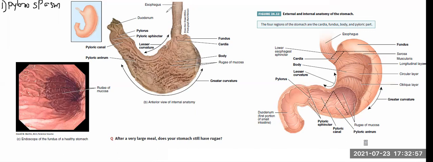When food does not move into the duodenum and keeps entering the stomach from the esophagus, the stomach will become overfull. If an infant is having milk, the infant would not be able to pass milk into the duodenum, the next section, and the stomach will become full of milk.